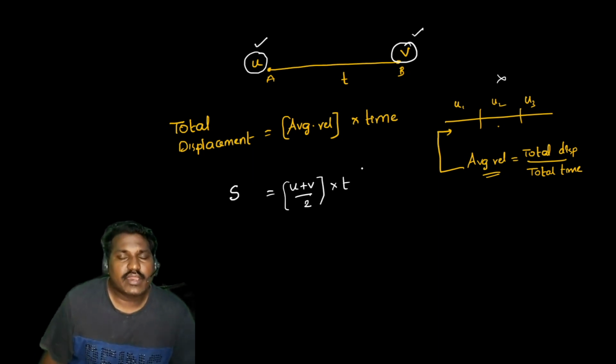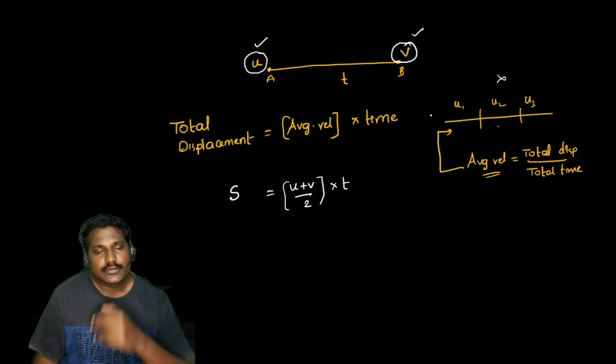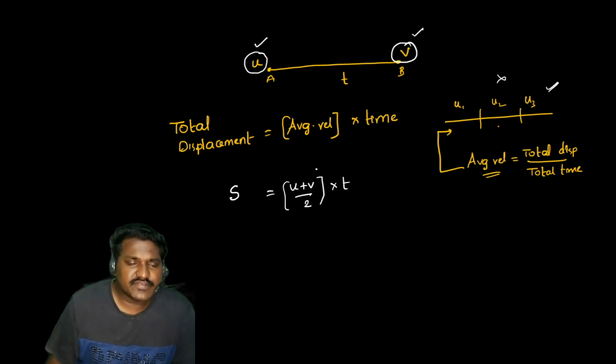From statistics, average is the sum of numbers divided by the number of numbers. So if there are two velocities, it will be u plus v by 2, like a plus b by 2. Even if you apply the other formula, you will end up with the same equation. Average velocity means u plus v by 2 for a single path journey.